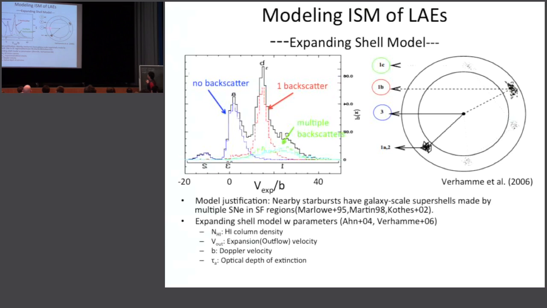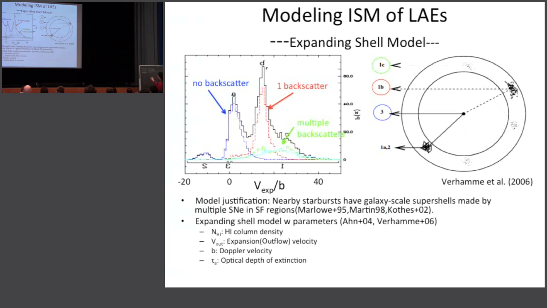Some of the blue components are scattered in this line of sight, but still the major component of the Lyman-alpha survives. So you can observe such a no backscatter component, which shows a very small velocity offset.